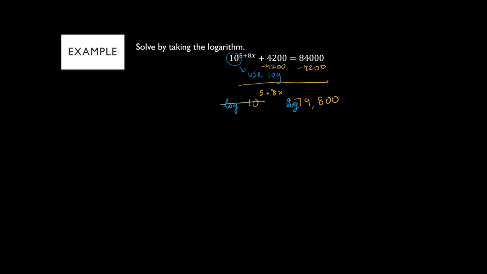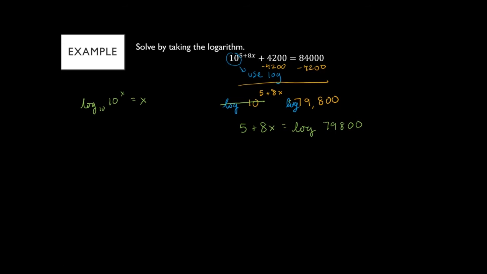So those cancel out and we're just left with 5 plus 8x. That is the inverse property. The log base 10 of 10 to some exponent, those cancel and you're left with your exponent. So by choosing log, we could just cancel out that left part altogether and just have 5 plus 8x.